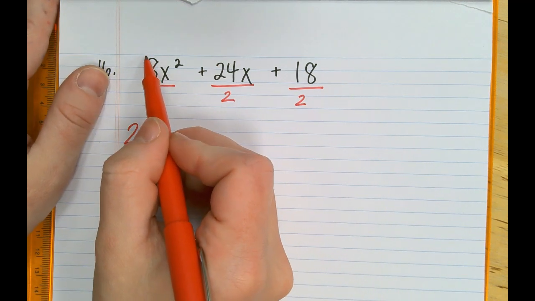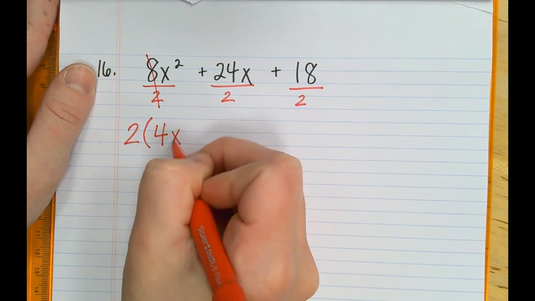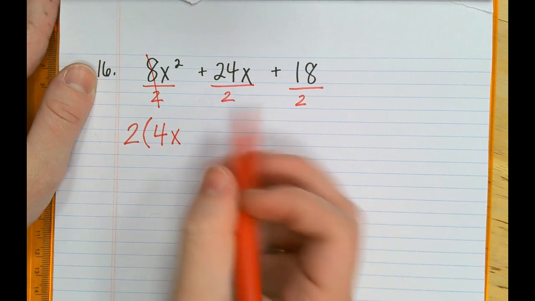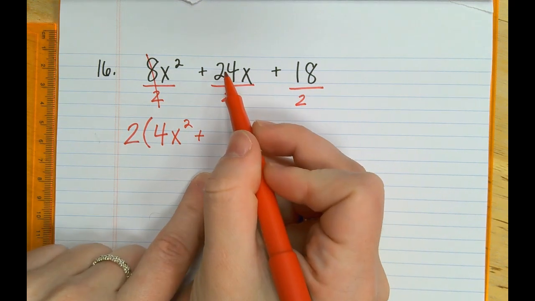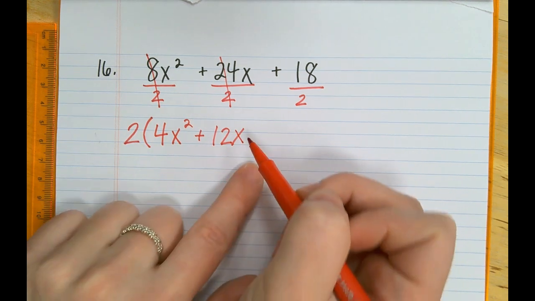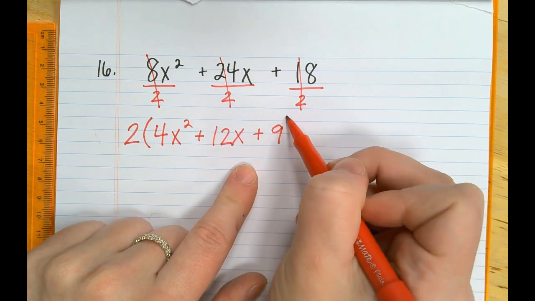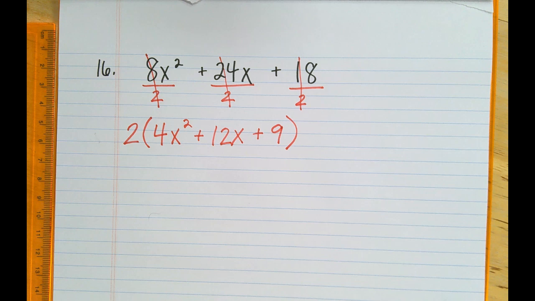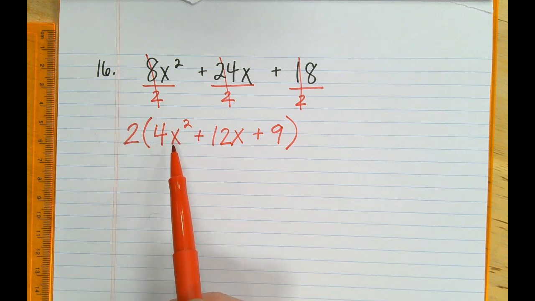So 8 divided by 2 is 4. Plus 24 divided by 2, 12x, plus 18 divided by 2 is 9. Good. Okay, so I took out my GCF, but my A is still greater than 1.